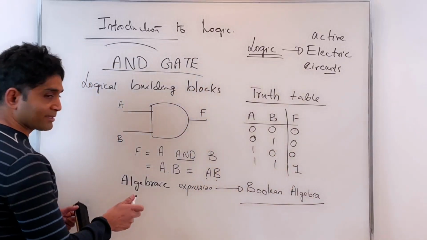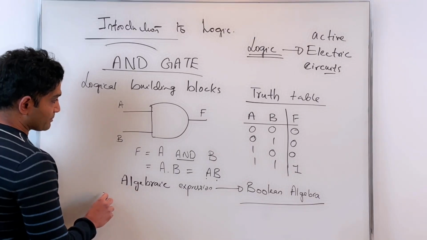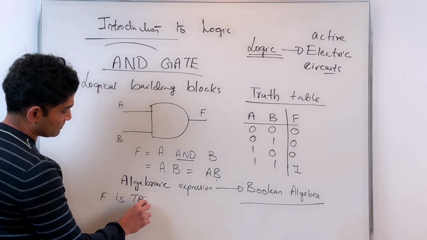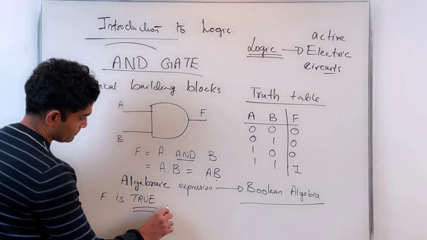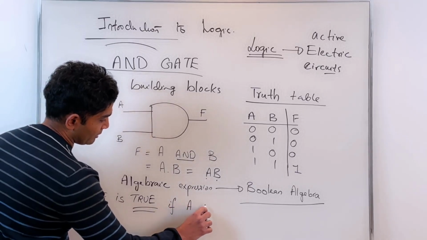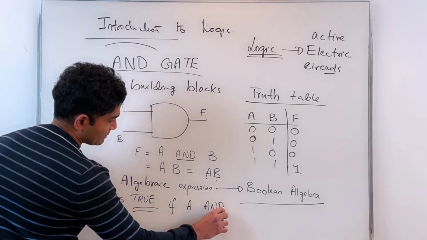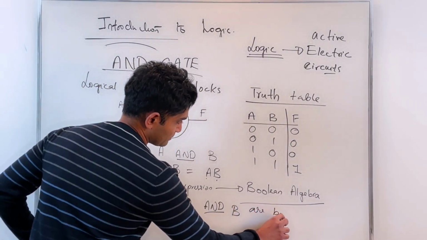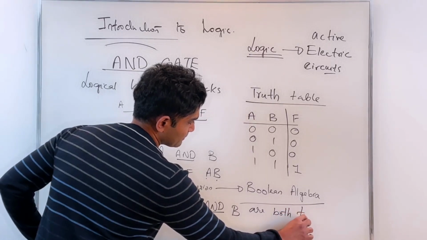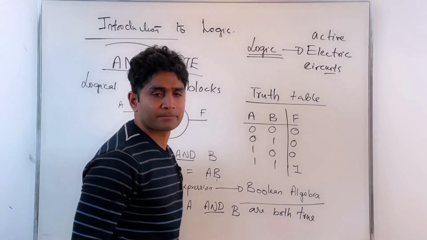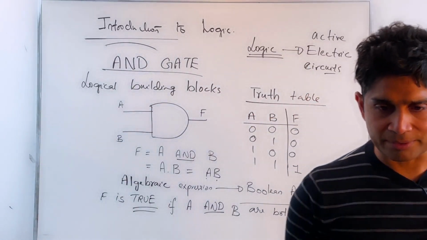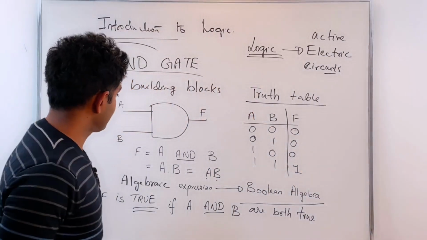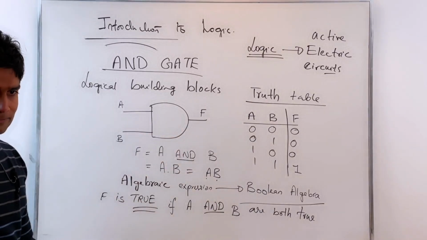So basically I can write this as a statement: F is true if both A and B are true. Okay, so that's your AND gate.